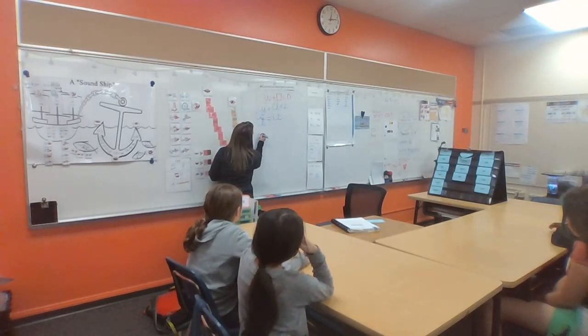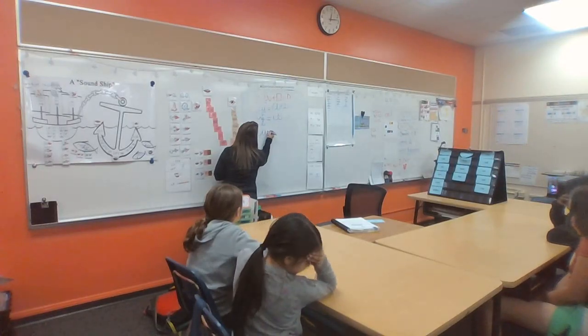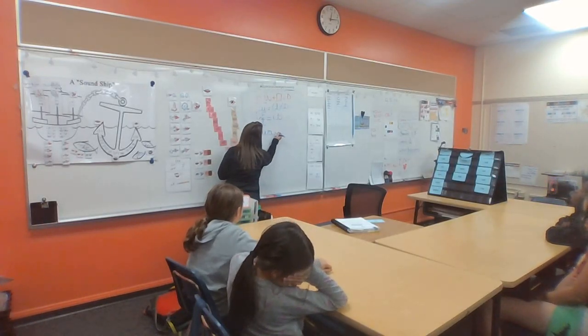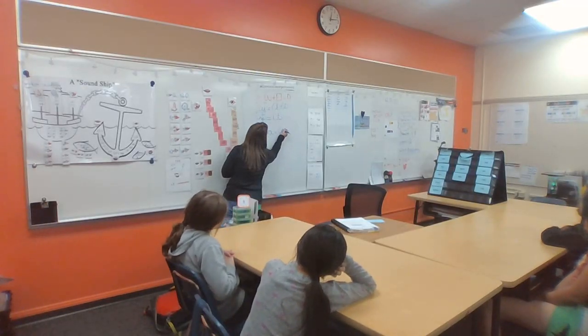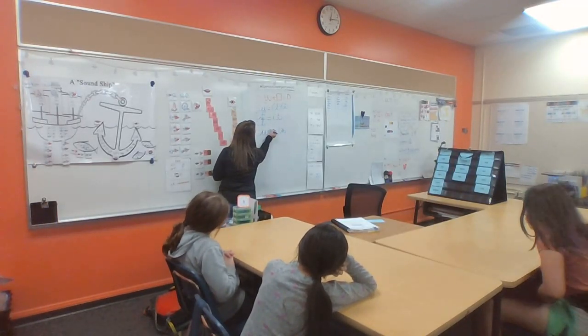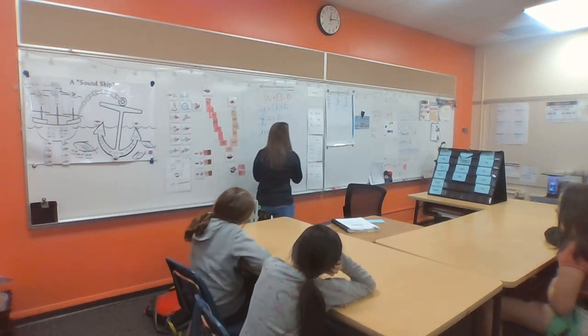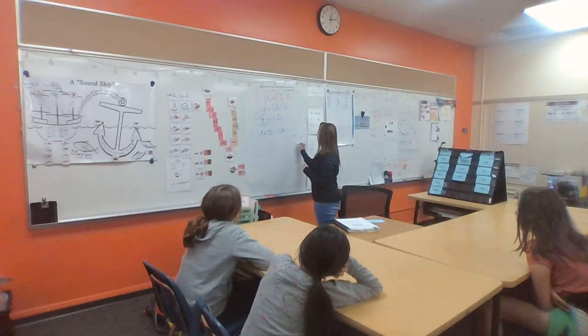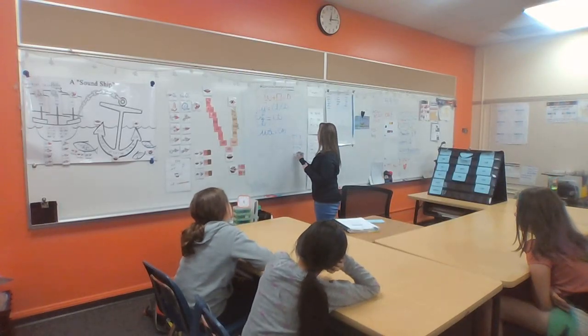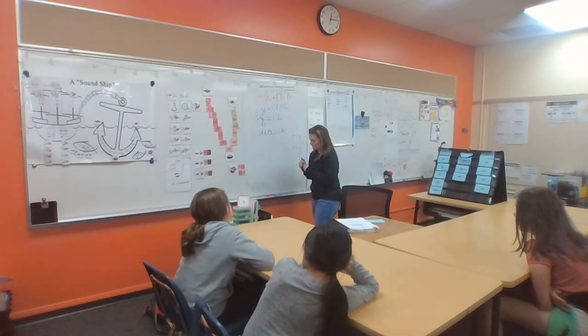When we see A before W, we read A as ah. We code A with a diaeresis. When we see suffixes, we box our suffixes first, and our prefixes.